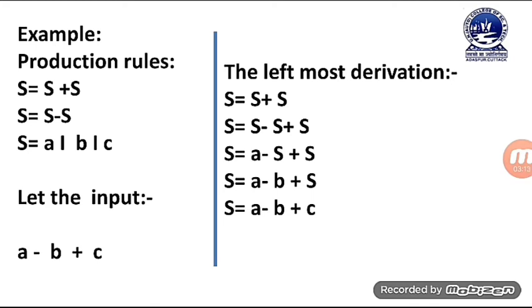It means that in leftmost derivation, the input string is scanned from left to right and the input string elements are placed from left to right order. In this example, it is clearly visible that first we have placed a, then at the second step we have placed b, then at the third step we have placed c. It is from left to right.